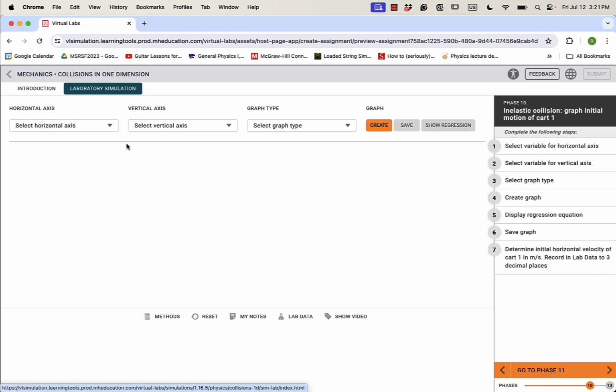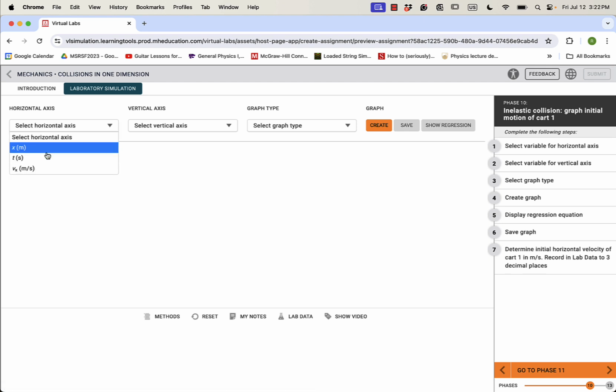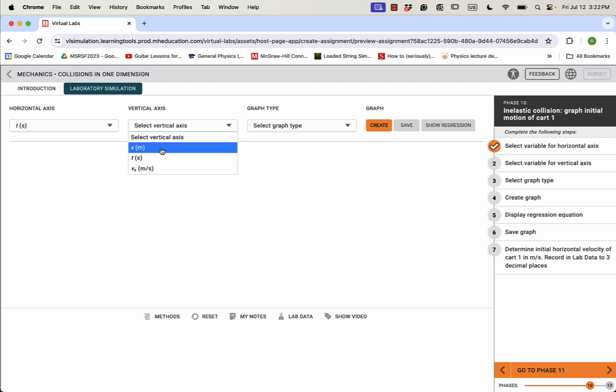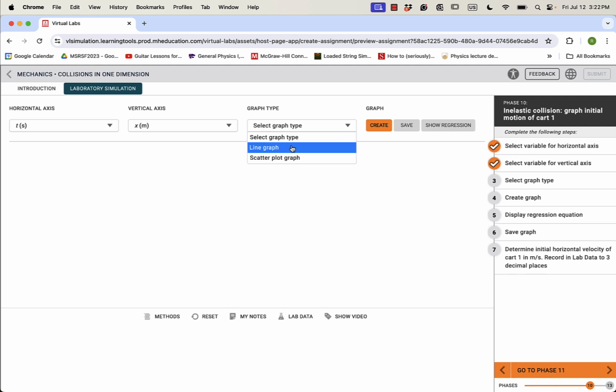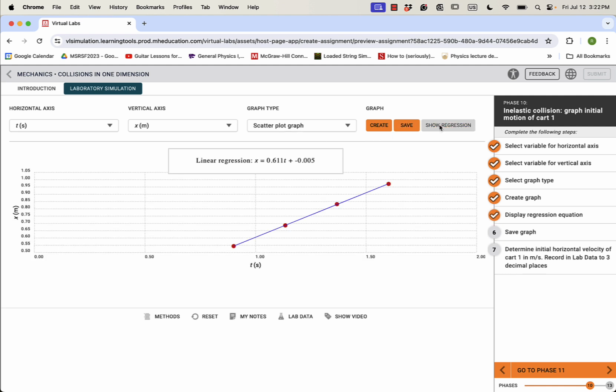Now we want to find the initial velocity of cart 1 and cart 2 and the final velocity of the combined cart. So for the initial velocity of cart 1, we'll plot time on the horizontal axis and position on the vertical axis, and then plot the scatter graph, create the graph, do the best fit line, so that gives us the velocity of the first cart.